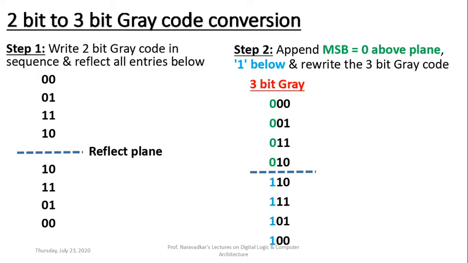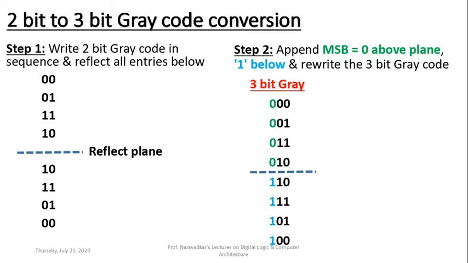Whenever I want to convert this 3 bit gray code to 4 bit in a similar manner, what we do is remove the plane of reflection which was shown within that 3 bit gray code, and put the plane of reflection after the 8th entry, just below that 100, and get all the 8 entries above reflected below that reflection plane.